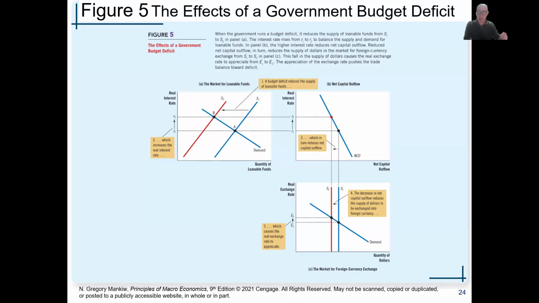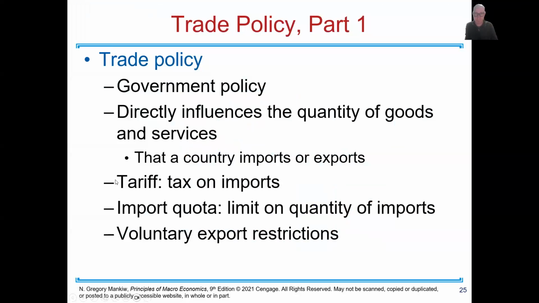Higher equilibrium has an impact on net capital outflow, which, coming down to the real exchange rate, we see the shift in the supply curve to the left. Less supply, higher interest, which also means a higher exchange rate. So government deficits tend to trickle down in a bad way.